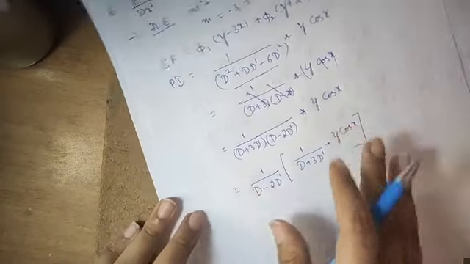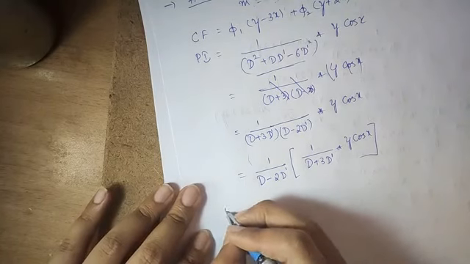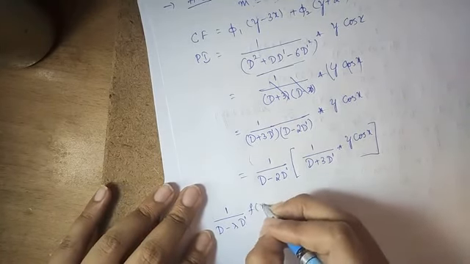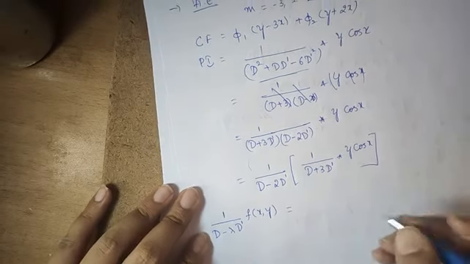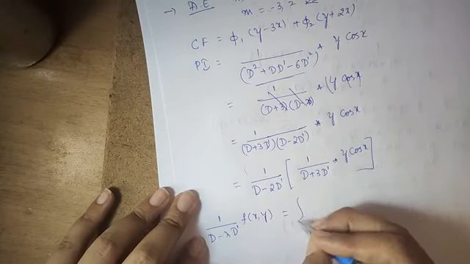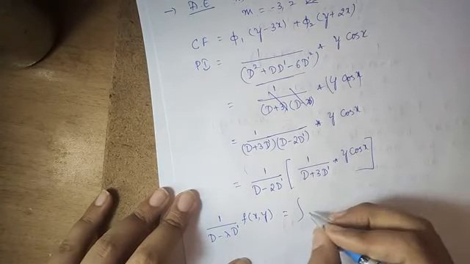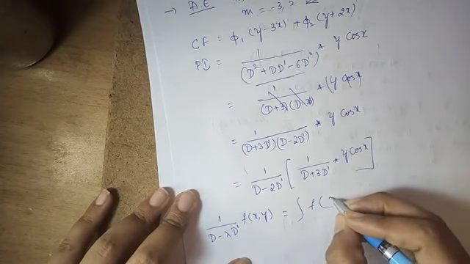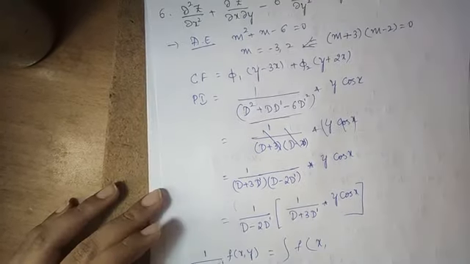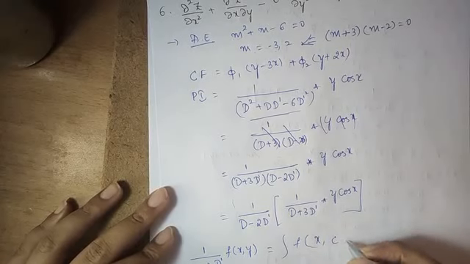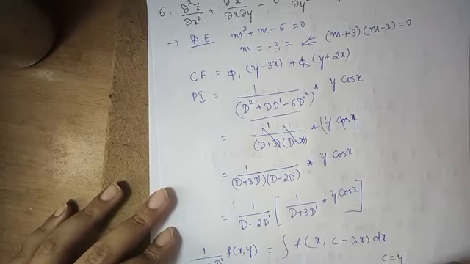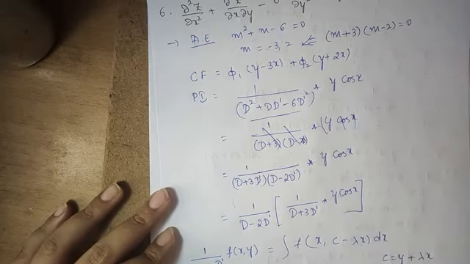So in the beginning I have told you that if 1 over D minus lambda D dash into f of x comma y is there, then I can find particular integral by integrating this, like f of x comma c minus lambda x into dx, where c is equal to y plus lambda x.